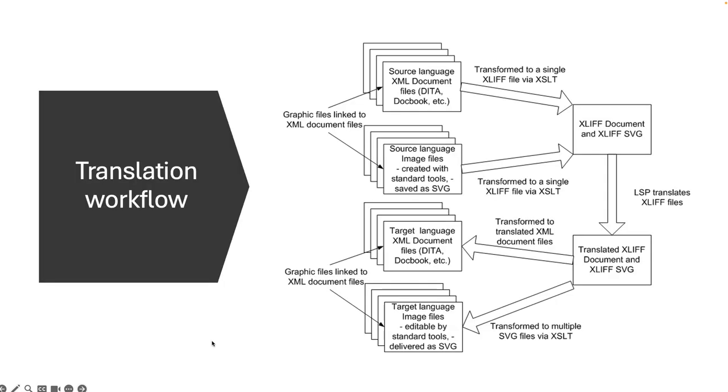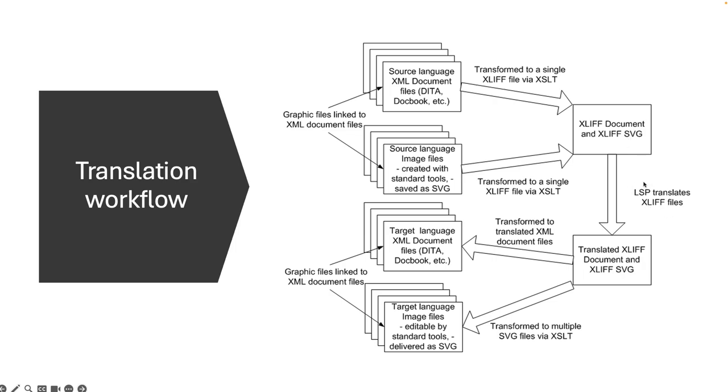So the workflow, to get a little bit more specific: the graphic files linked to the XML documents, in this case, are SVG, and we have our source language. This is just to show that it doesn't have to be DITA. It could be DocBook or any language at all. And then we transform those into XLIF. We have a single XLIF document that has the document and the images.